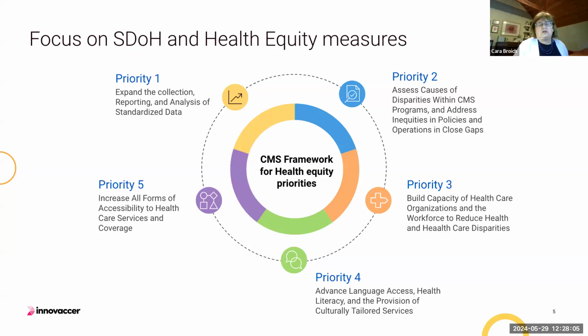Also, Z codes. I know in my previous health plan, we had difficulty getting providers to bill with Z codes. And the reason that I frequently got was because we don't have any services to offer them. So if we ask the question and they answer that they have an issue, I have nothing to help them.